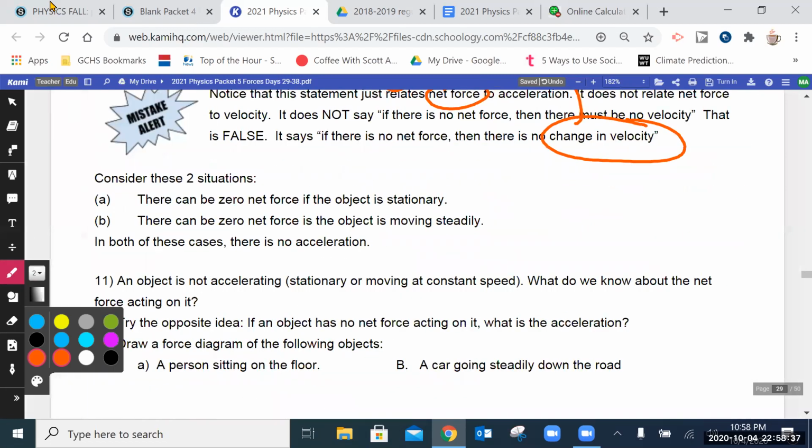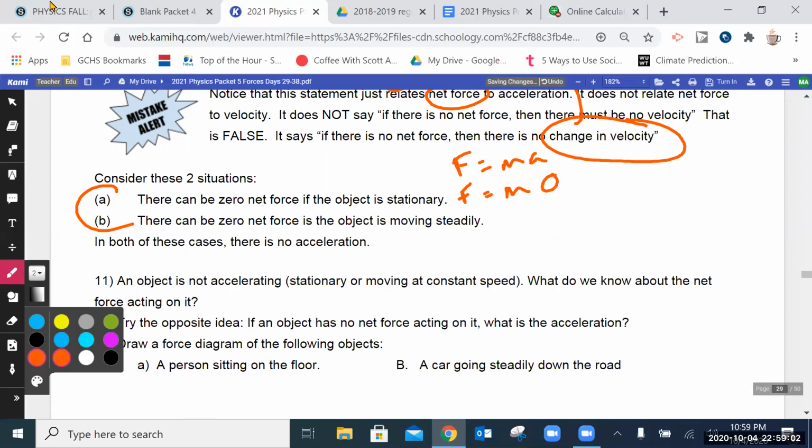Consider these two situations. Letter A. There can be zero net force if the object is stationary. If it's just sitting there and sitting there and sitting there, then the acceleration is zero. And when we say F equals ma, we say F equals some mass times zero.